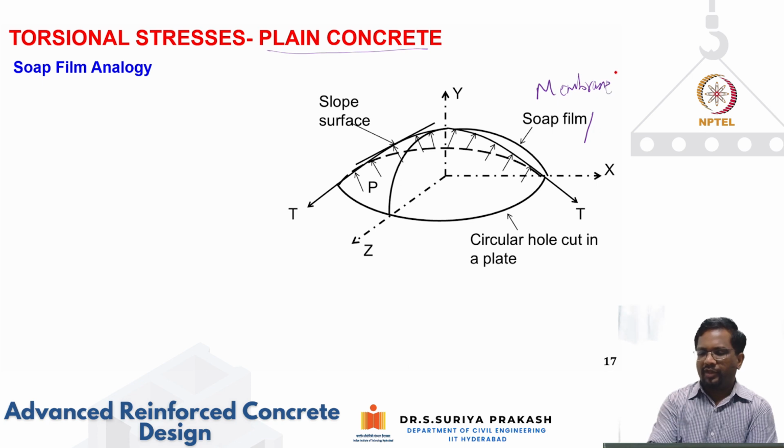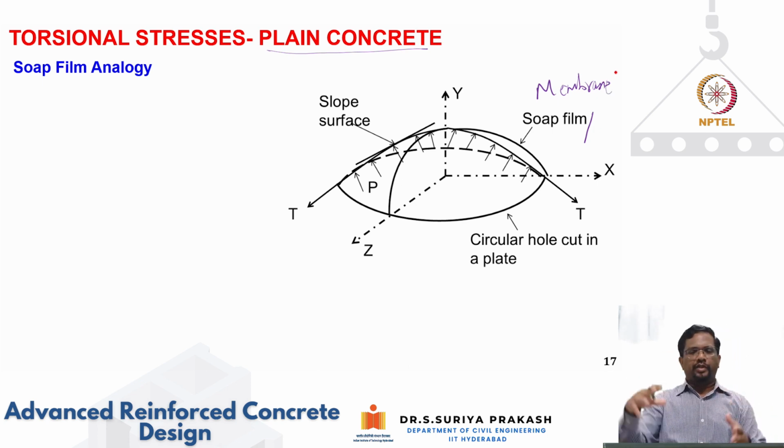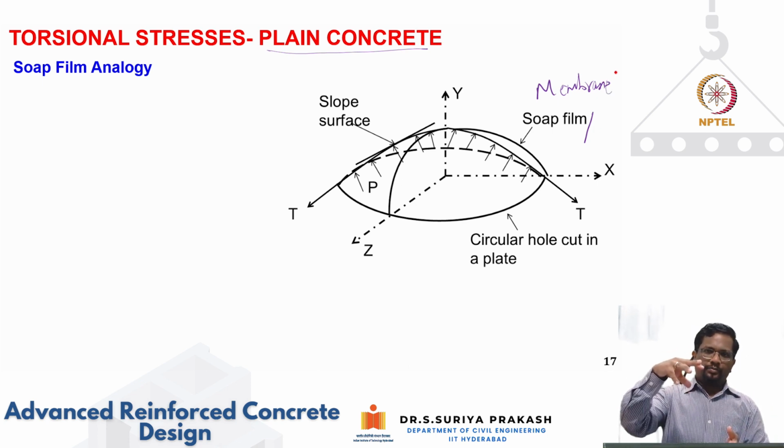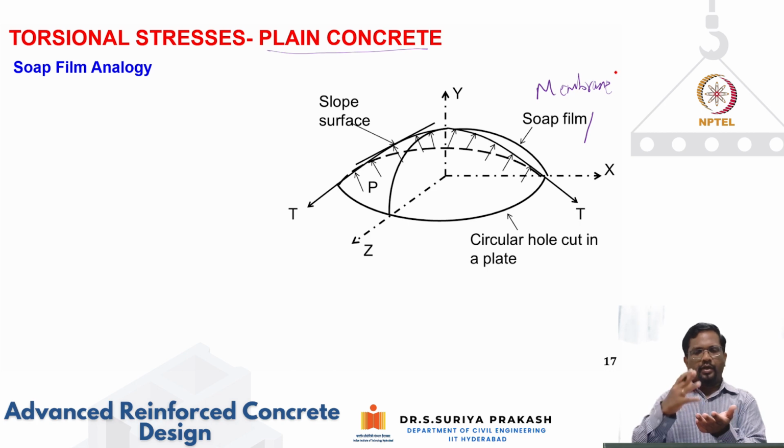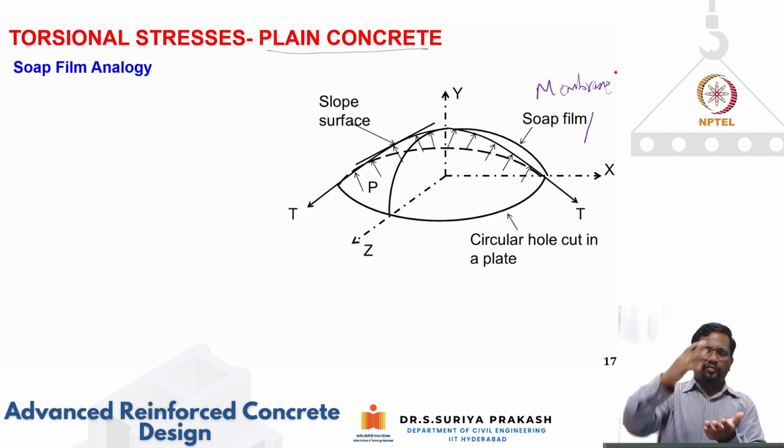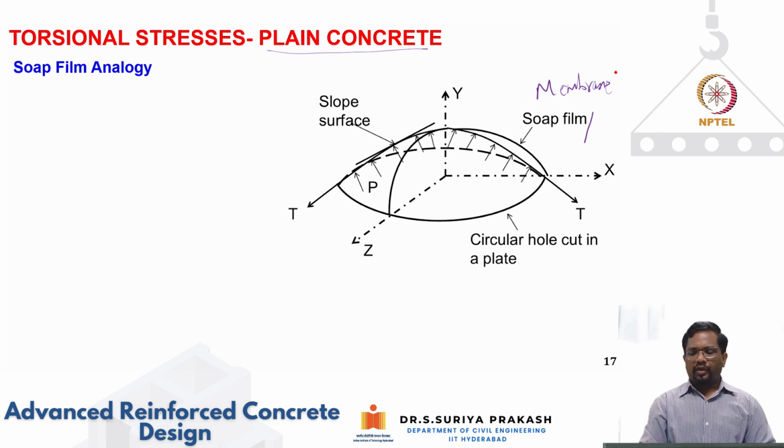So a membrane is just like when I have a circular opening over which I apply a rubber membrane, and then I start pushing air through it, so that the membrane will inflate and take this form. For a circular section, this is the shape it is going to take.